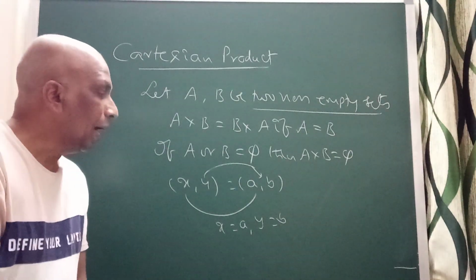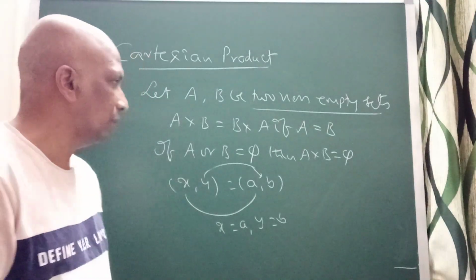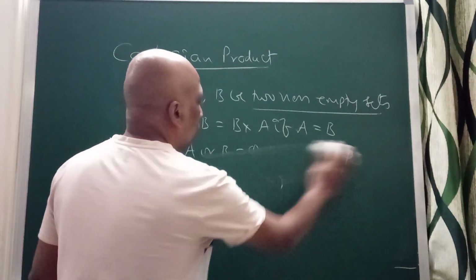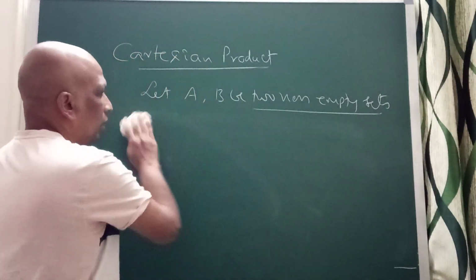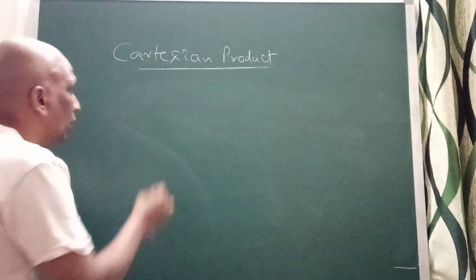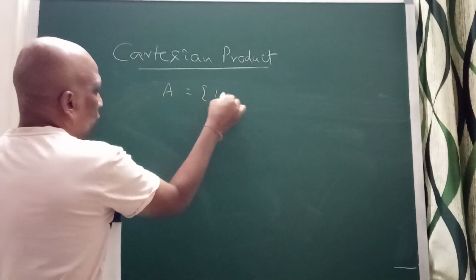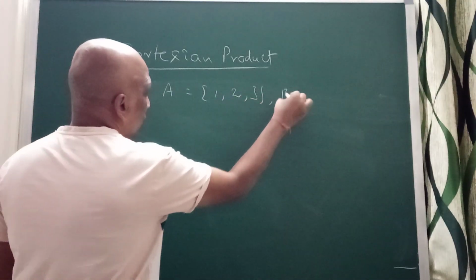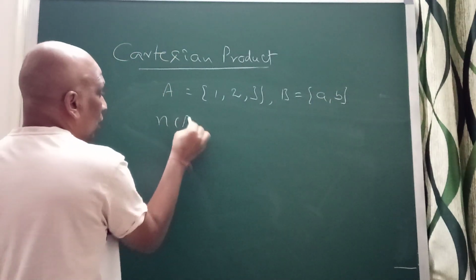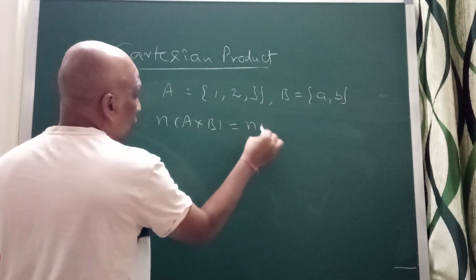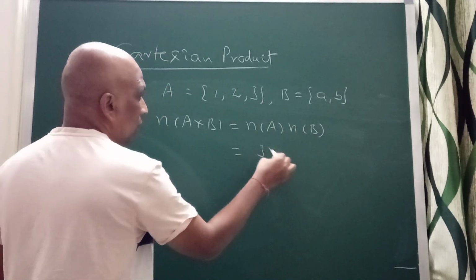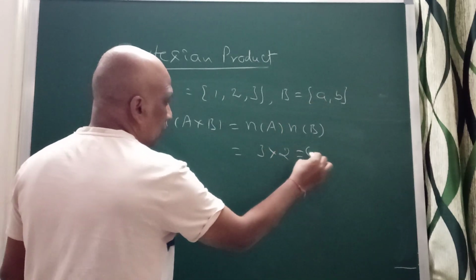At the same time, I can also find the number of elements in A cross B. This is very simple. Suppose A has 3 elements, 1, 2, 3, and B has only 2 elements, a and b. Then n of A cross B equals n of A into n of B, which is 3 into 2, so 6.